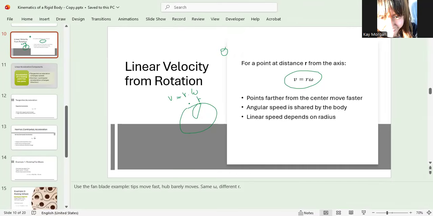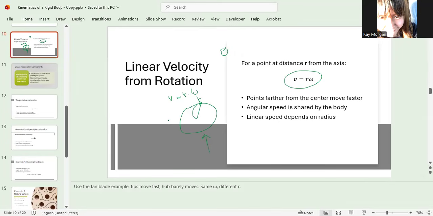Linear velocity of what? Linear velocity of that point of this body. Don't say linear velocity of the rigid body. No, we're going with a little tiny point. These points define different locations of that body.